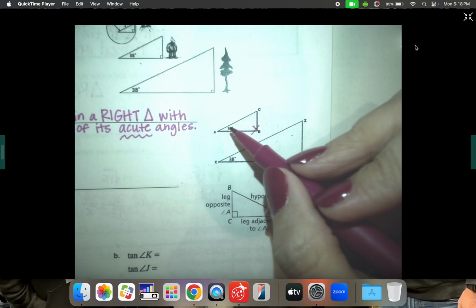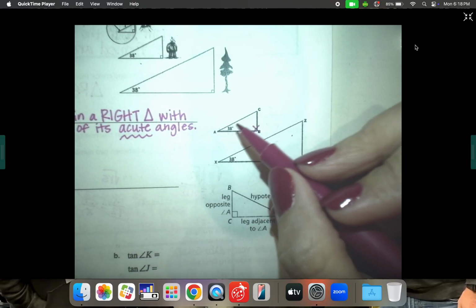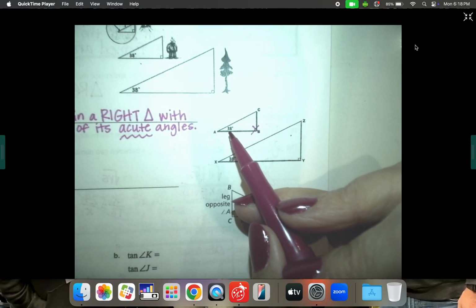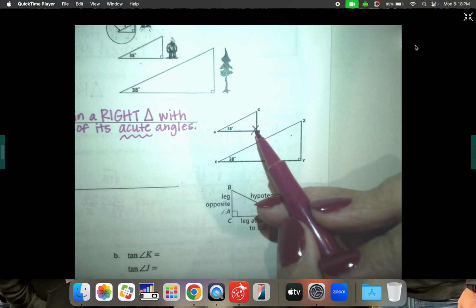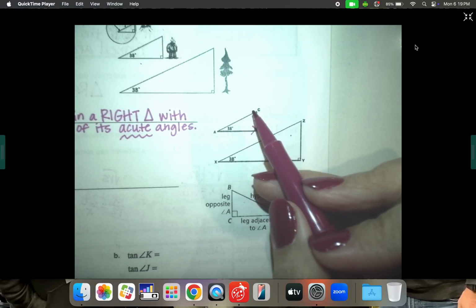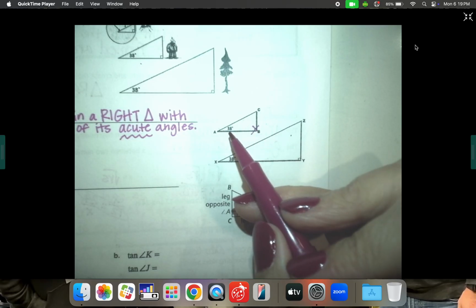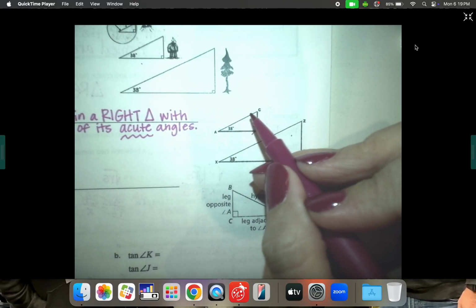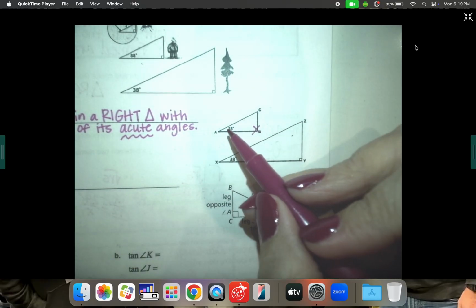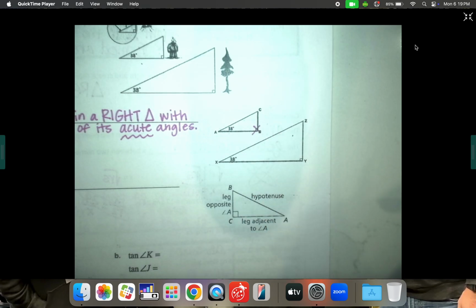We're always going to use one of the 2 acute angles. So it should give us one, and you can easily calculate the other. Think about how you would calculate the other. If we know one is 90 and we know they add up to 180, you just subtract 90 and 38 from 180, and whatever's left becomes your other acute angle. So when we talk about trig ratios, we're talking about one of the acute angles in a right triangle.